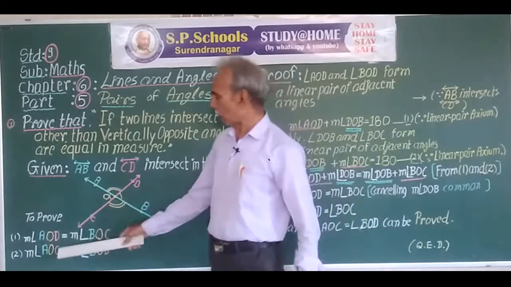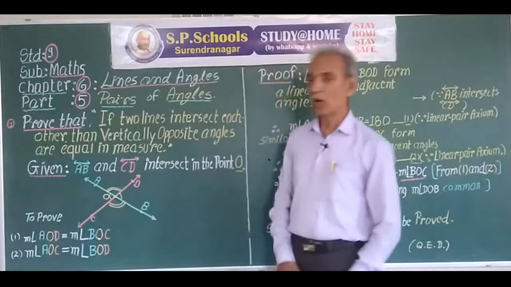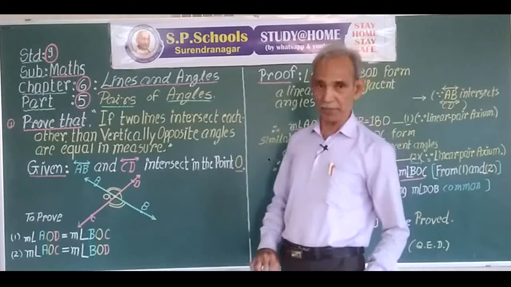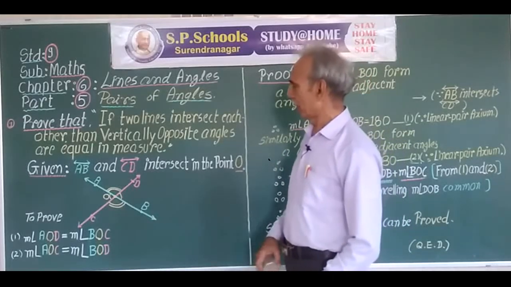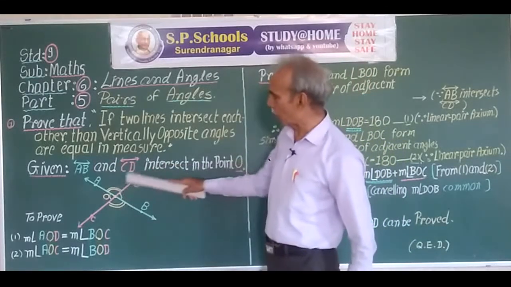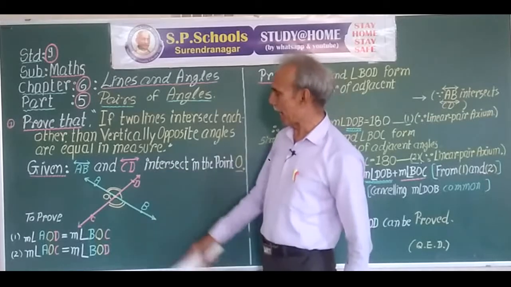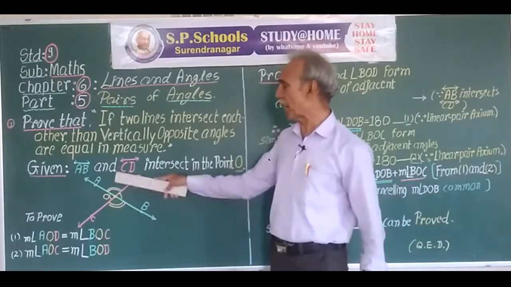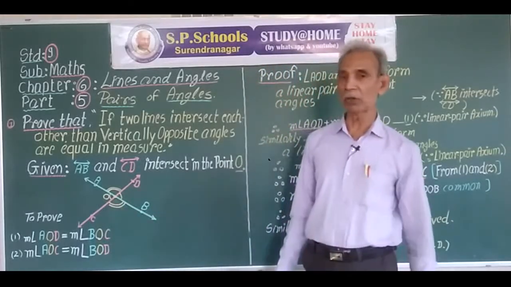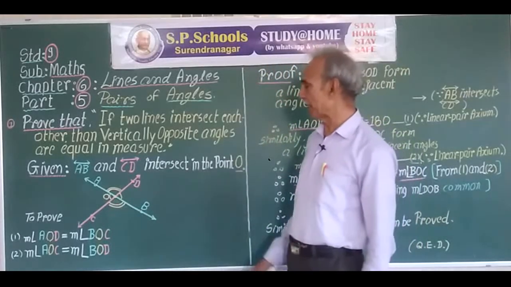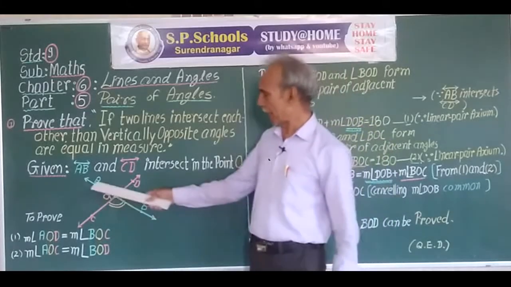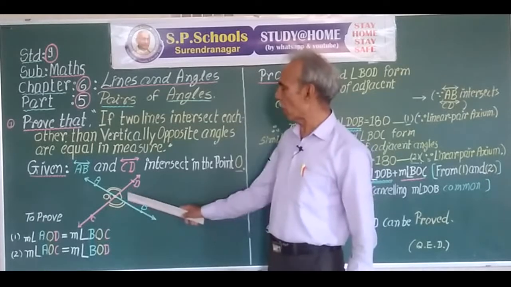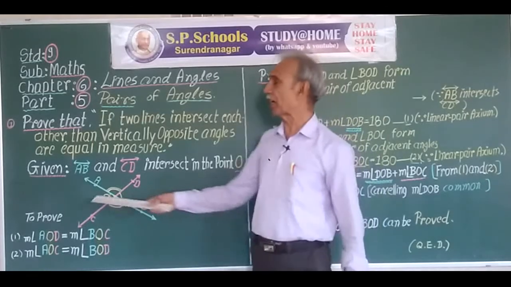To prove that vertically opposite angles are the same in measure, that is, angle AOD and vertically opposite angle BOC are the same in measure, they are congruent. Similarly, the second pair, angle AOC and angle BOD, are also vertically opposite angles.